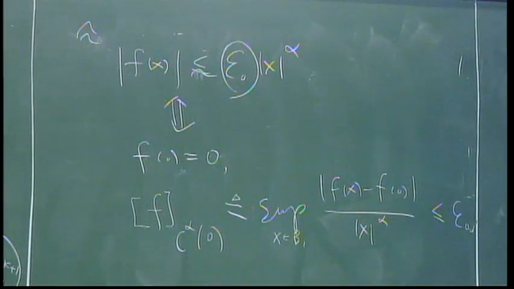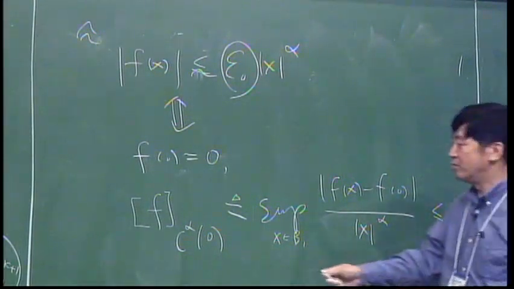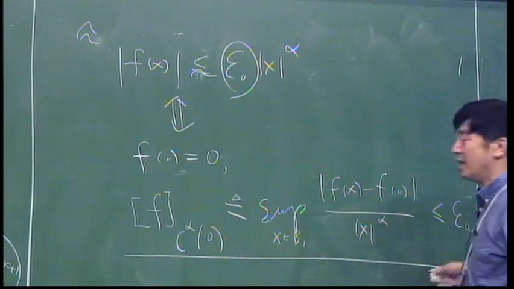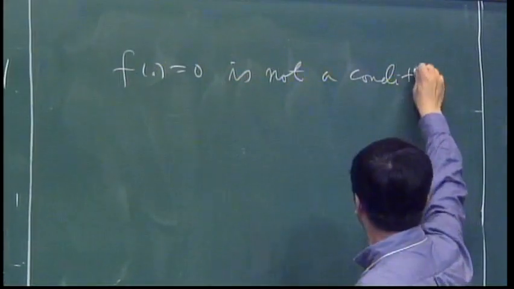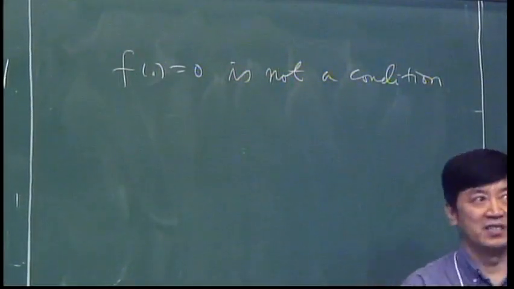Okay, so I have a theorem with two conditions: f0 equals 0, and the semi-norm, this kind of pointwise semi-norm, is small. And okay, so f0 equals 0 is not a condition for the Laplacian equation.